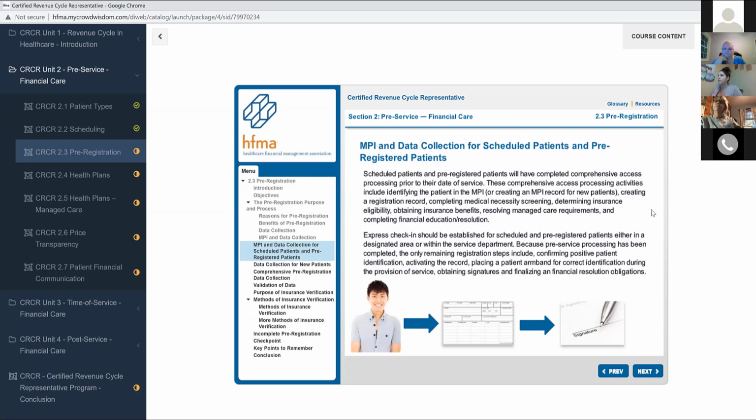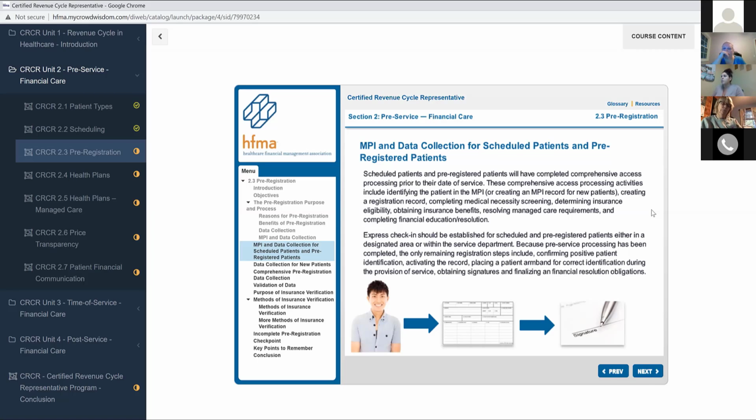All right, so scheduled patients and pre-registered patients will have completed comprehensive access processing prior to their date of service. The comprehensive access activities include identifying the patient, creating a registration record, completing the medical necessity screening, determining the insurance eligibility, obtaining the benefits, et cetera.